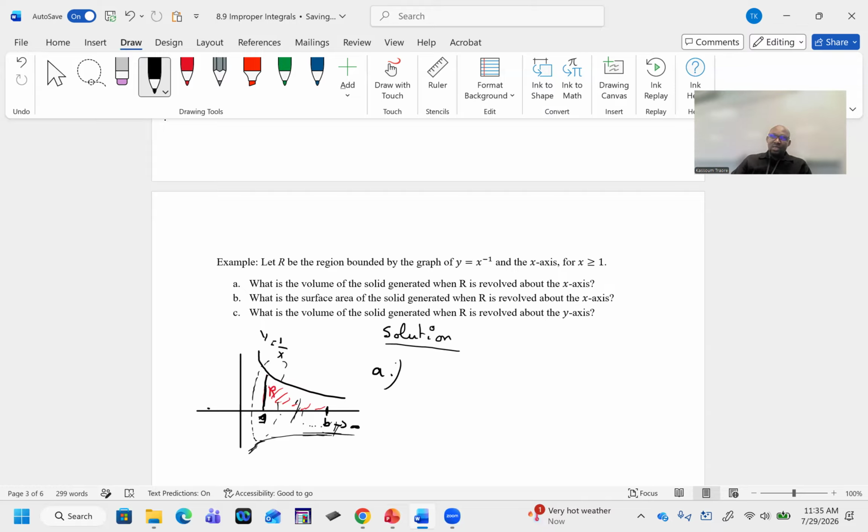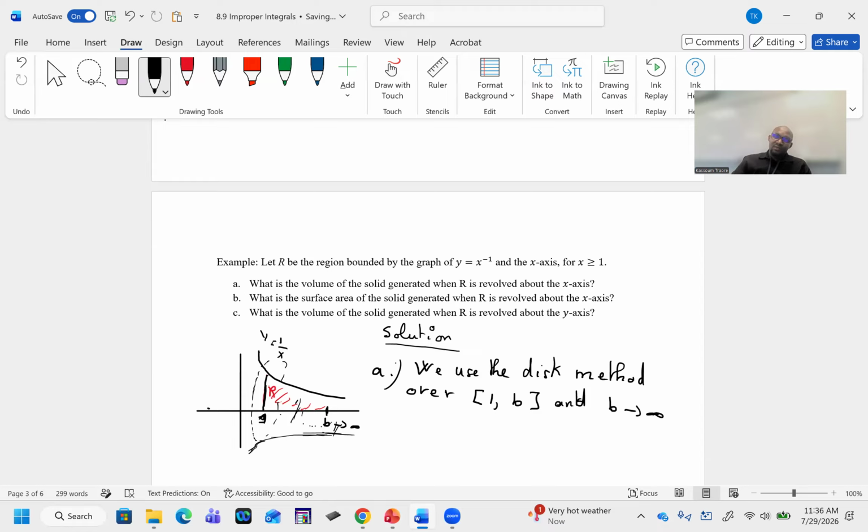In this case, we use the disk method, okay? And you know why. To find the volume, the disk method over which interval? Over the interval 1 to b. And we know b is going to infinity. Okay?